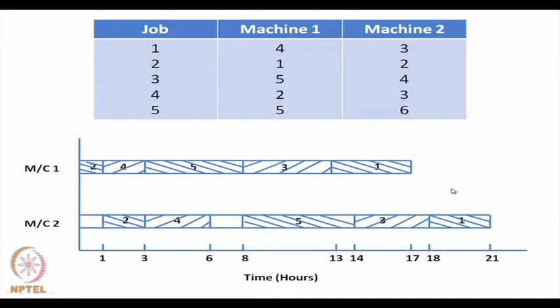So, this is Johnson's algorithm for solving the 2 machine n job problem.